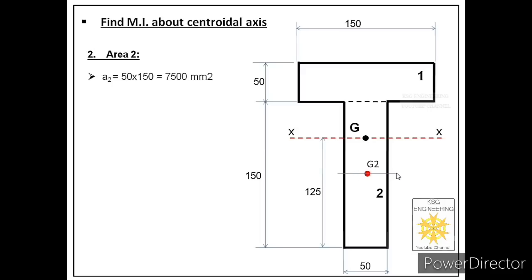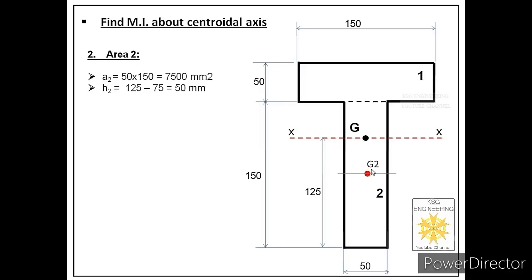Now what next? Next we have to find the distance between these two axes, that is between the main axis and the centroidal axis of area 2. That distance will be called h2. So let us find h2 now. It will be equal to 125 minus 75. So h2 will be equal to 125 minus 75, equal to 50 millimeters.